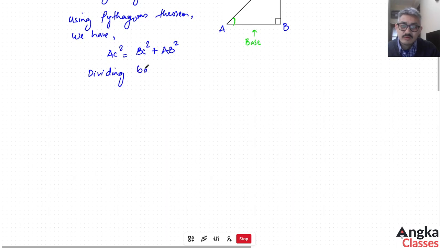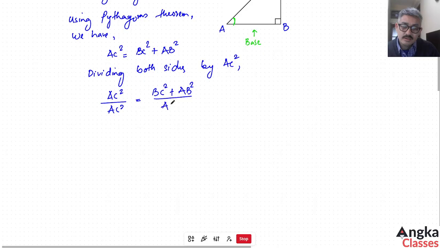Next, dividing both sides by AC square. On the left hand side, AC square divided by AC square gives 1. On the right hand side, BC square by AC square plus AB square by AC square.